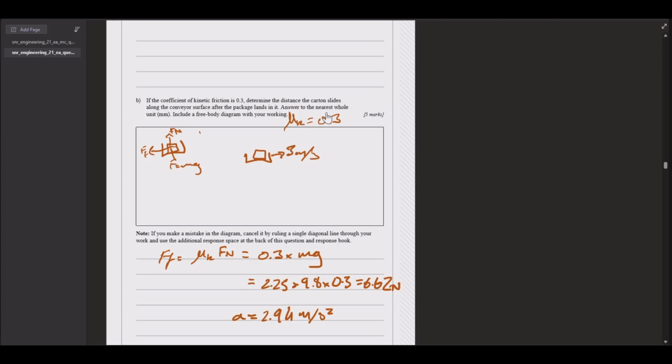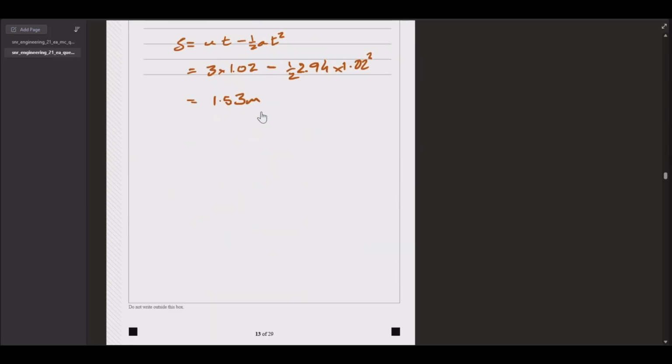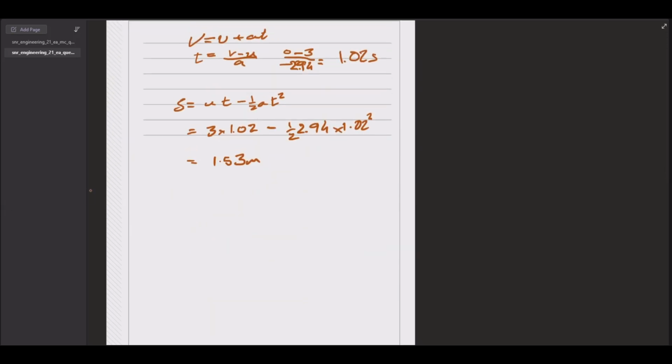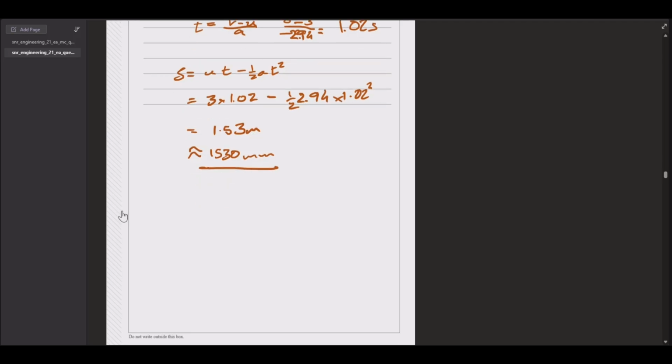And they did ask for it to be converted to millimeters for some reason, so let's do that. Don't forget to look out for that in questions. The marks there, it's just formulas and working, and the free body diagram.